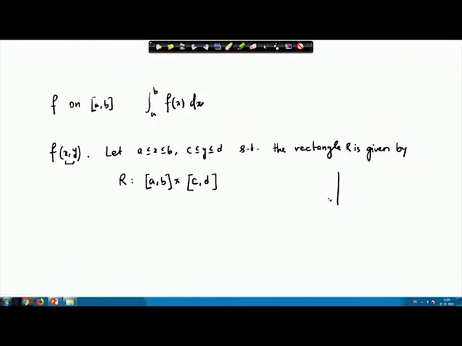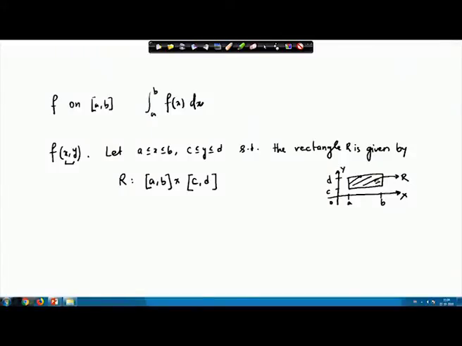If you draw this on the x and y axes, here we have the points a and b, and here we have the points c and d. This is basically our rectangle R.